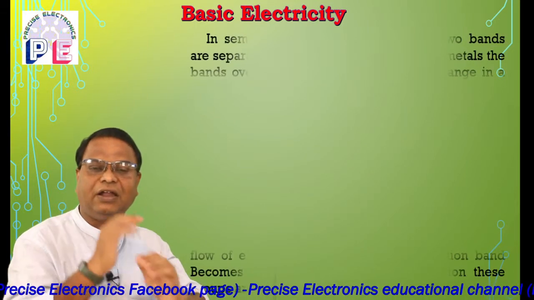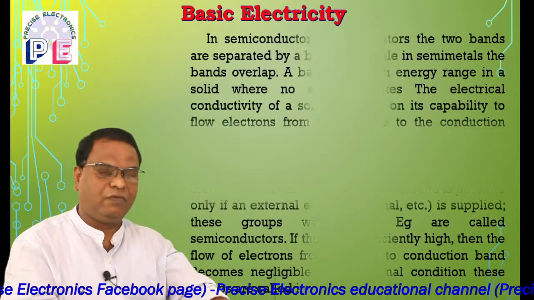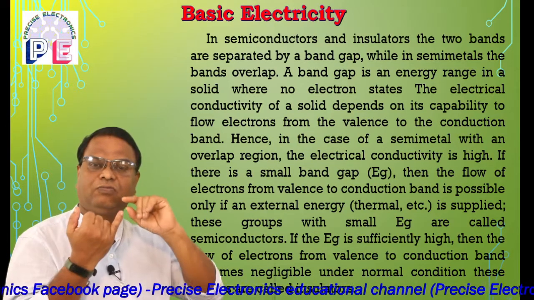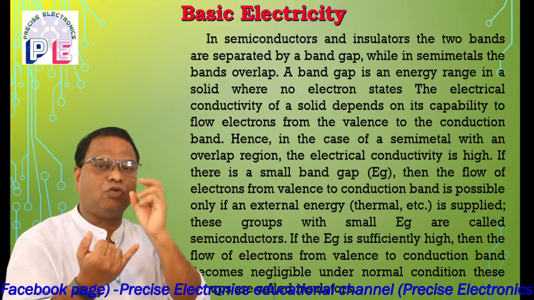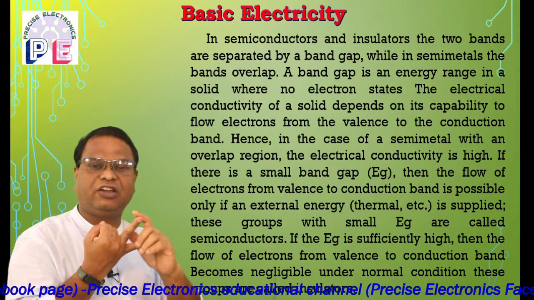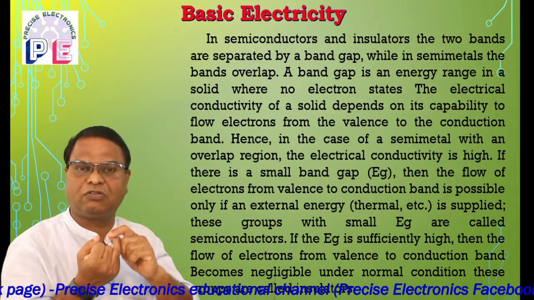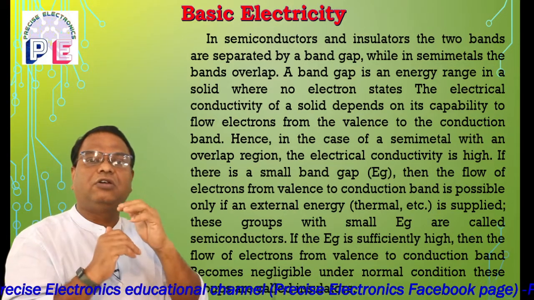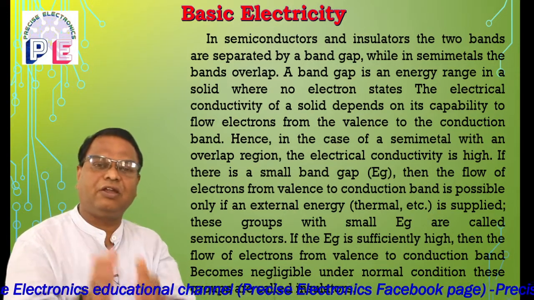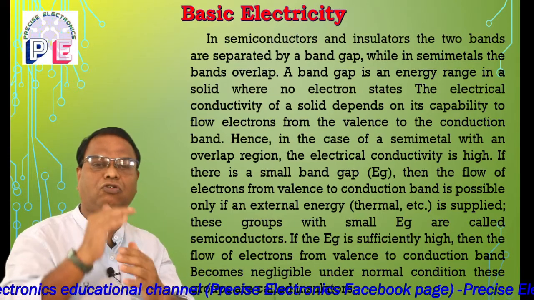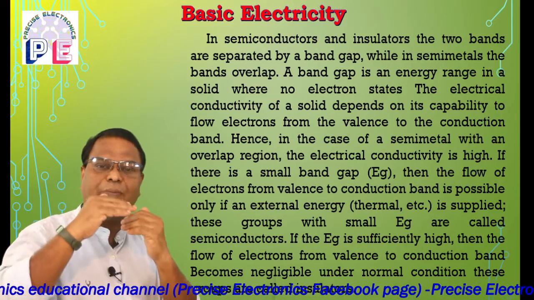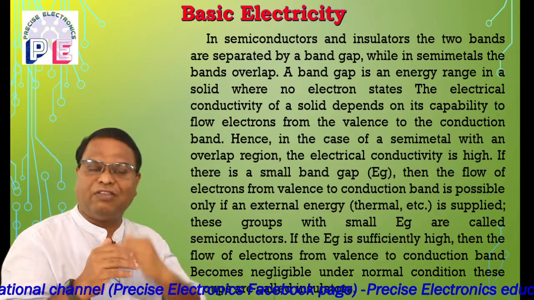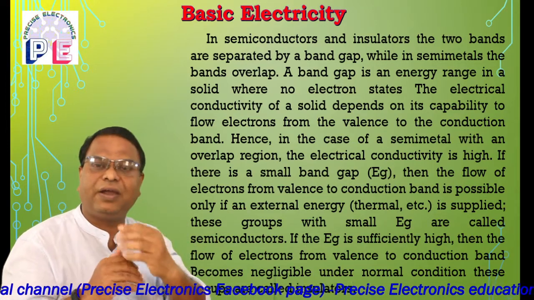That is the band theory of elements, in which there are three main bands. The valence band occupies more electrons. Then the conduction band: in case of conductors, there are free electrons in the conduction band which carry the current. In case of a semiconductor, the band gap between the valence band and the conduction band is very small.